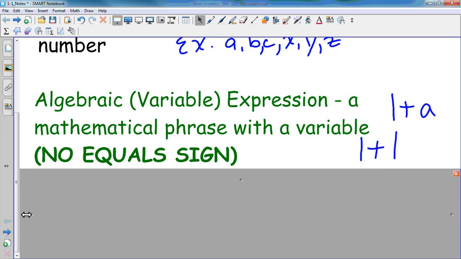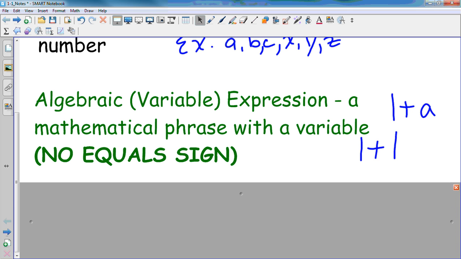Remember, the difference between an equation and an expression is that an expression does not have an equal sign. An equation does. Right now, we're not dealing with equations, just expressions. There is no equal sign in what we do for right now.